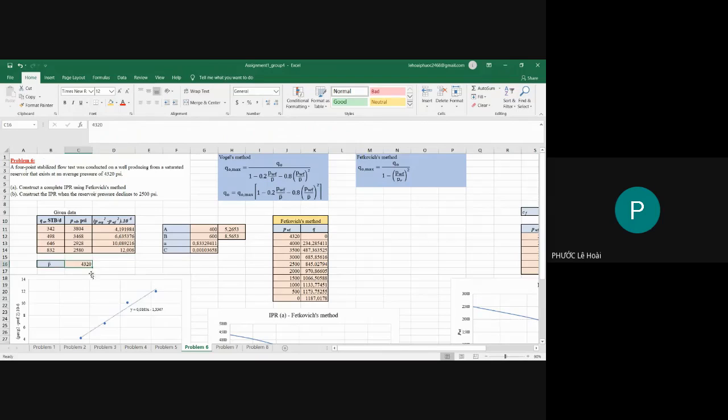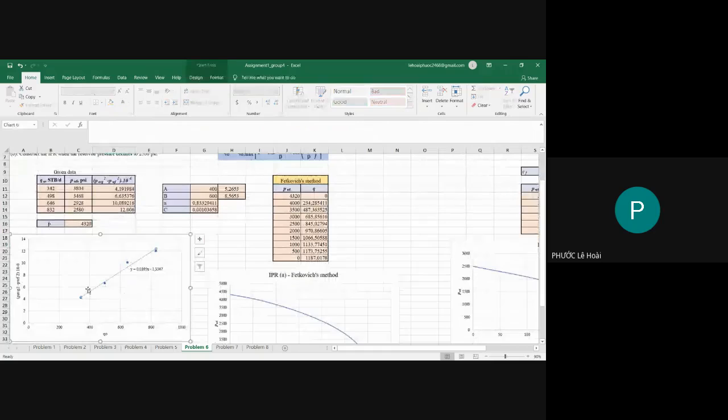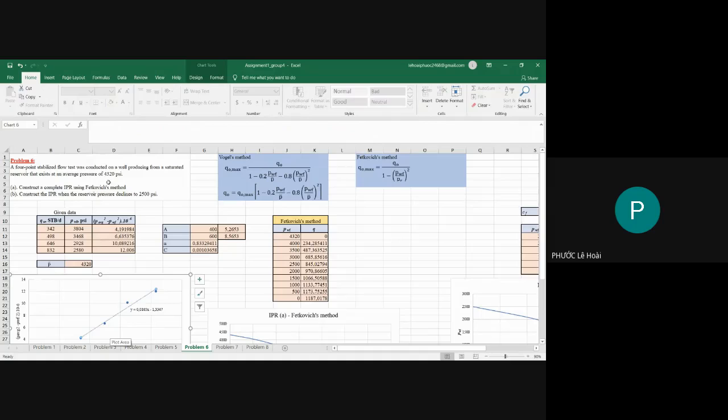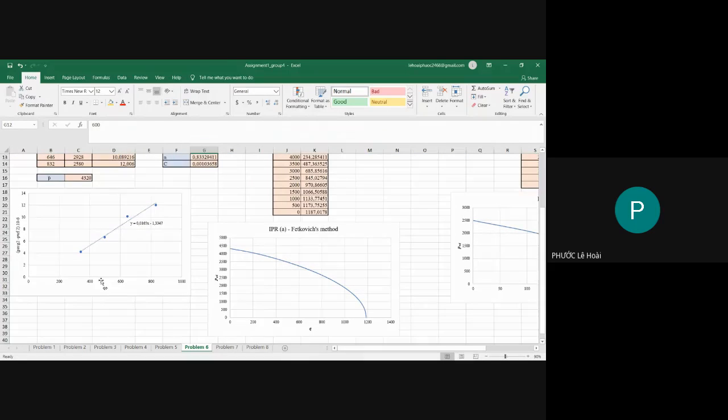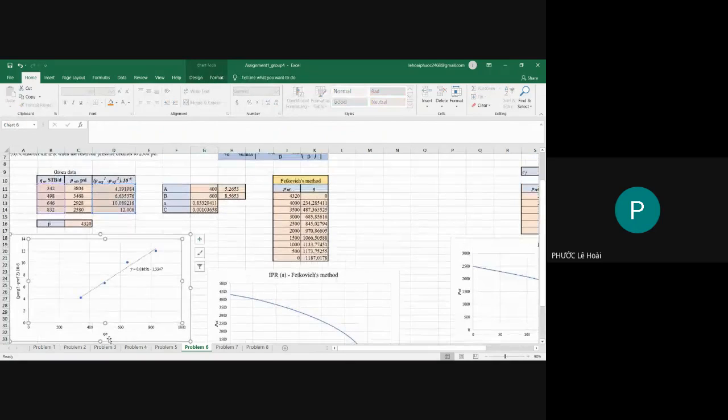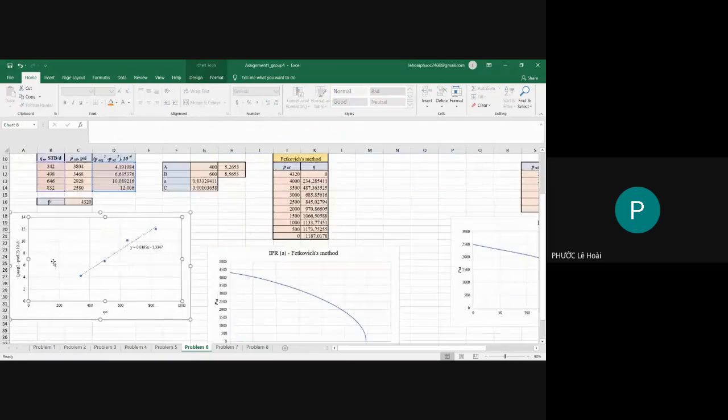the average pressure. The average pressure is also given, 4,320 psi here, and we will take the graph for the flow rate and this one here. Okay, you get this one. To calculate n and C, we choose two points randomly from this graph.